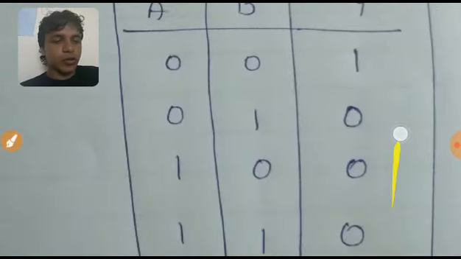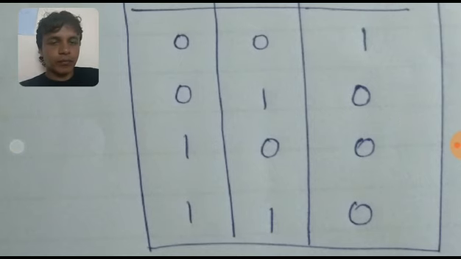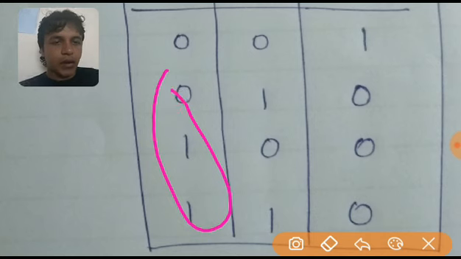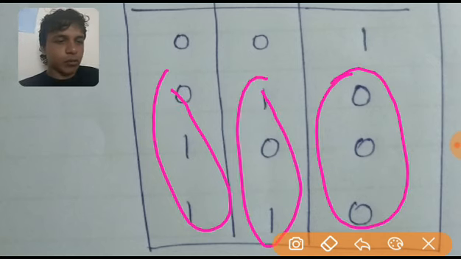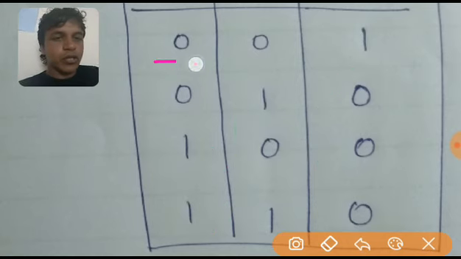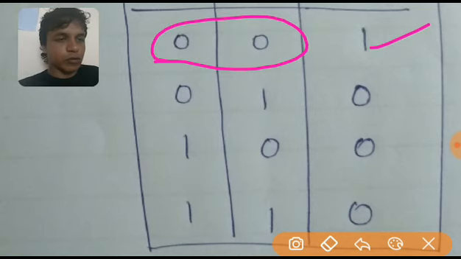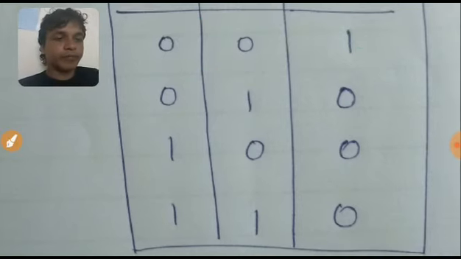So that is shown here. When the switches A or B are in on position, there is no output. The bulb is not glowing. When both the switches are in off position, the bulb glows. So this is the NOR operation.